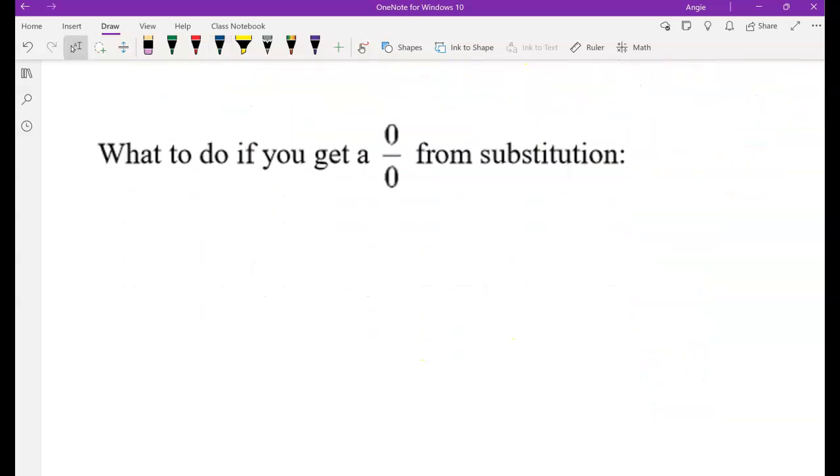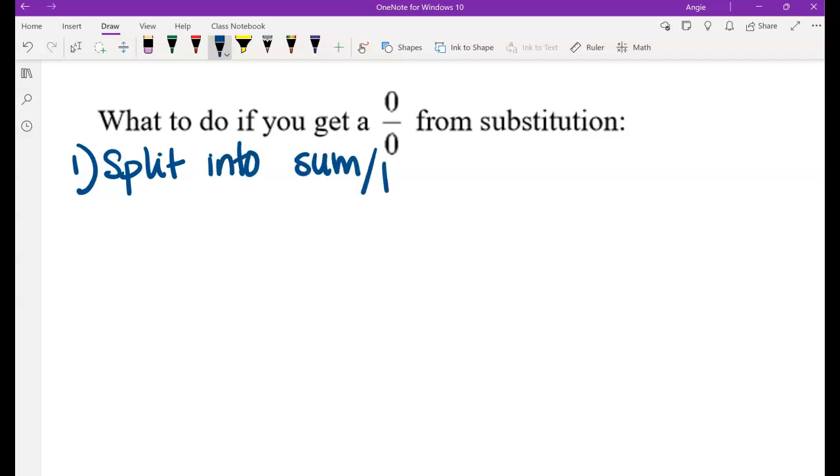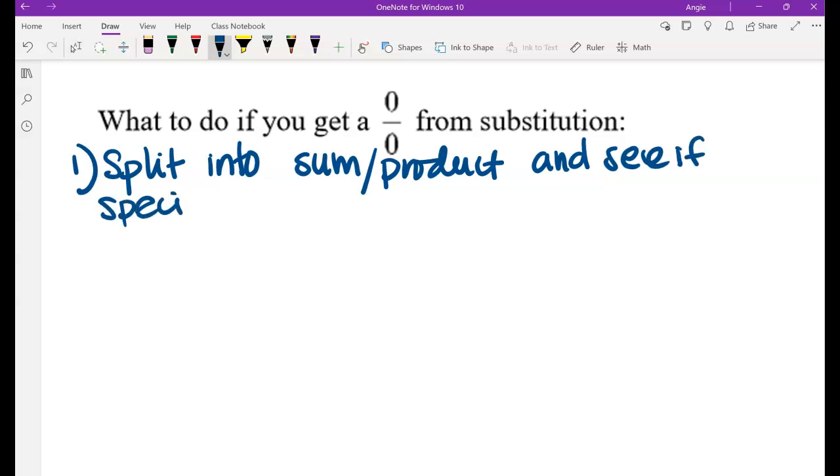There are quite a few of these, so make sure you guys understand it really well. Step number 1, split into sum or product and see if special limits apply.